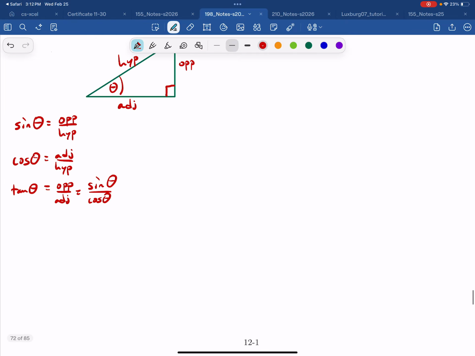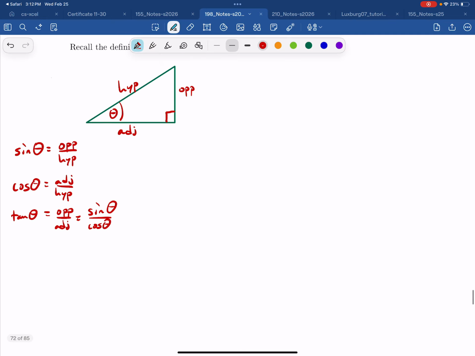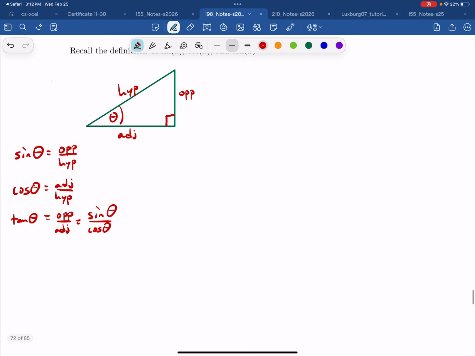Now there are also the reciprocal definitions, so to speak. Cosecant of theta equals hypotenuse over opposite, which you might notice is 1 over sine of theta. Secant of theta equals hypotenuse over the adjacent side, which is 1 over cosine of theta.